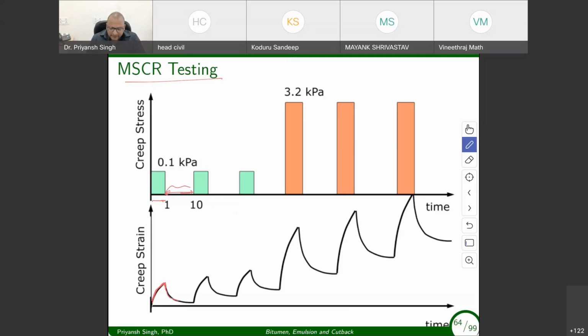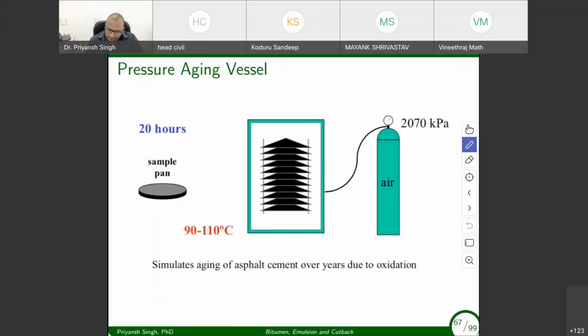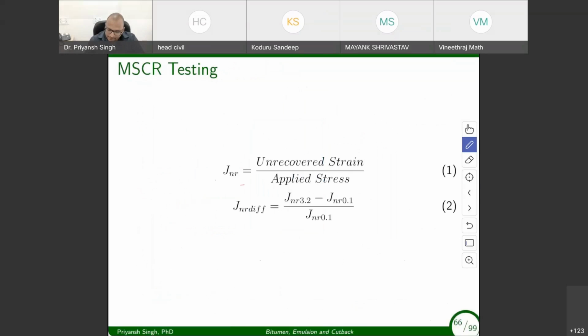Now, if you repeatedly give the same load, this strain will keep on adding, and ultimately you will have some accumulated strain. The parameter JNR is defined by using the unrecovered strain upon whatever the load is being applied.